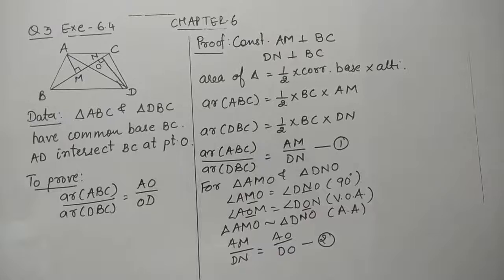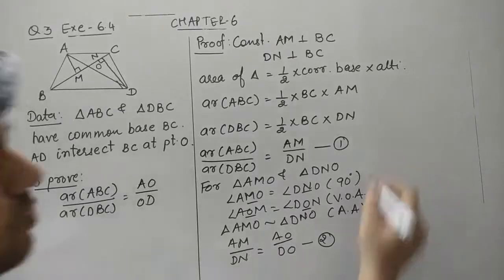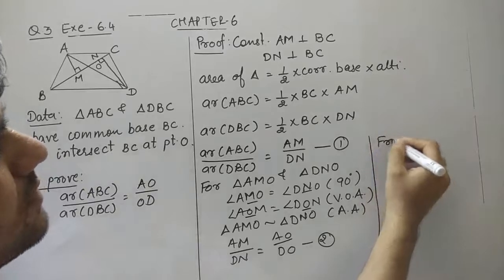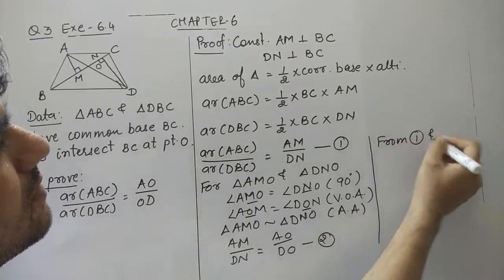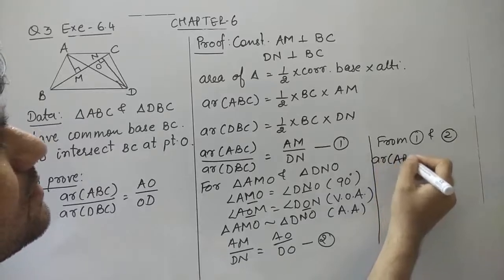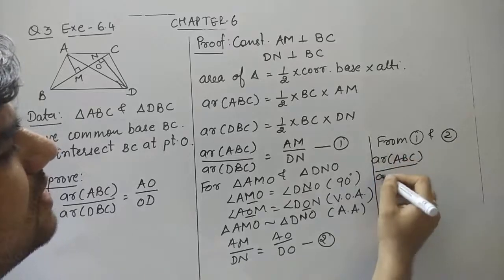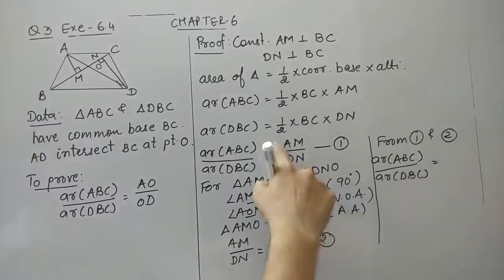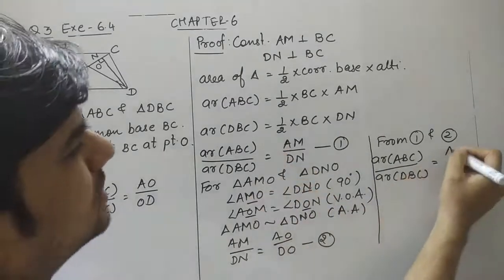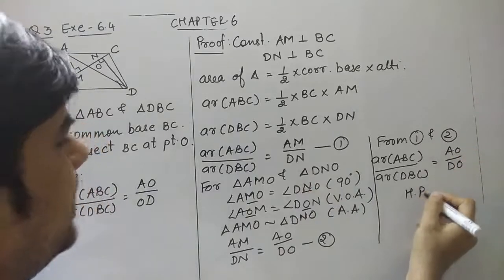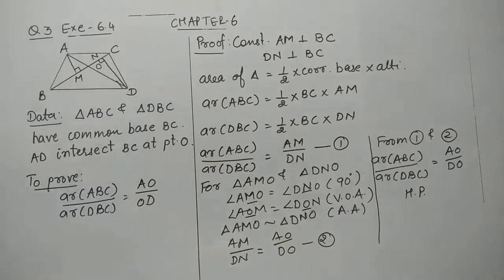So from 1 and 2, we can say that the area of triangle ABC to the area of triangle DBC is equal to AO upon DO. Hence, the required is proved.